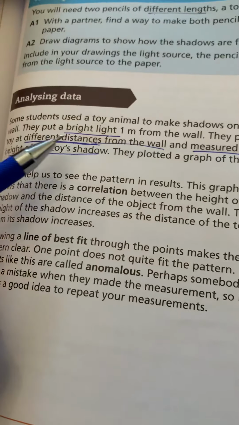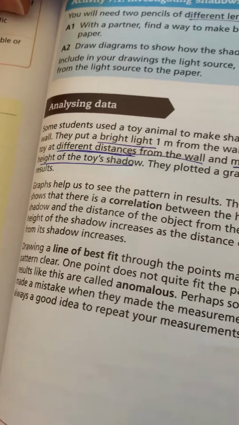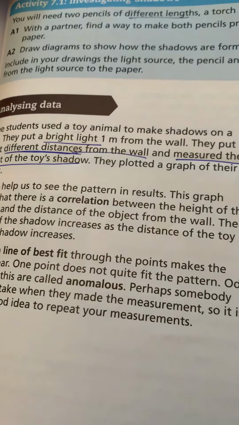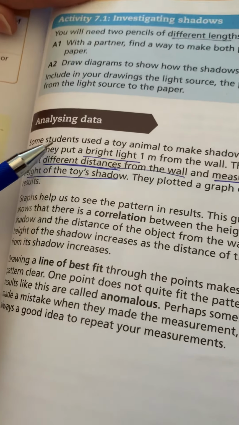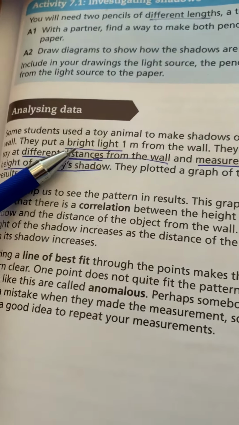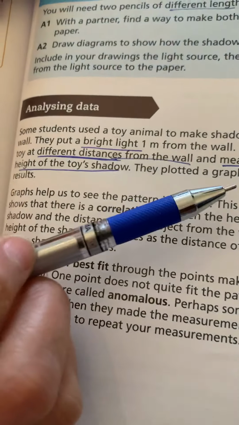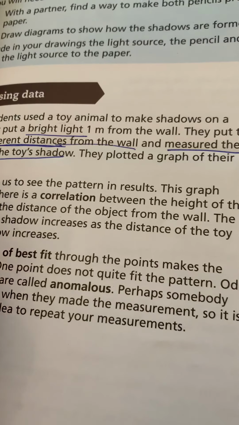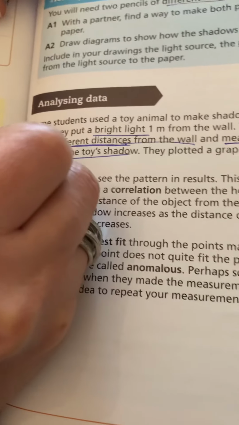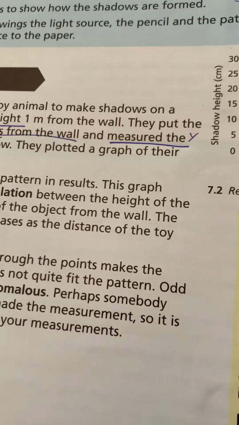Changing the distance will change the height of the shadow. So the independent variable is the variable that we change. We are changing distance. The dependent is the variable that we measure. The independent variable will be put on the x-axis and the measured one will be put on the y-axis.